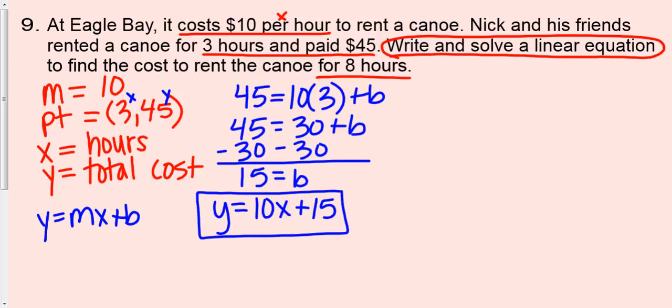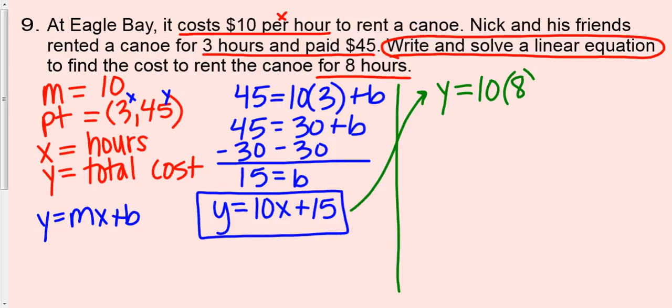Now, the other thing that we need to do is it wants to know the cost for 8 hours. So I'm going to take my equation, and when I rewrite this, instead of writing x, we're going to write 8. And I'm going to simplify and solve.